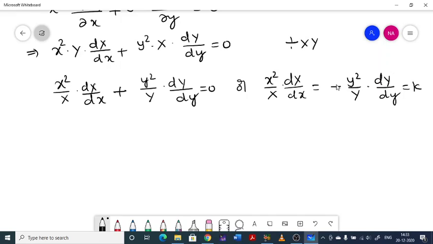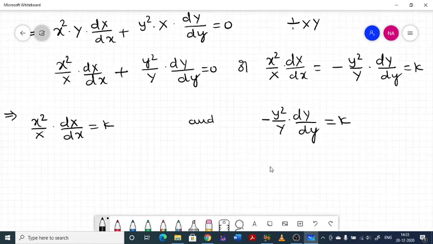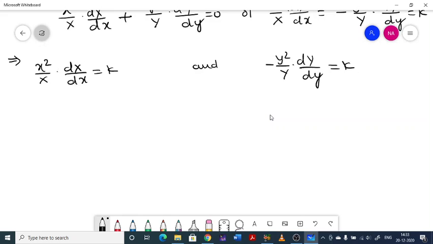You can call their common value as k. So equating that with k, you get two terms: x square divided by X into dX by dx equal to k, and on the other side minus y square by Y into dY by dy equal to k. Now you have to solve these two. Let's solve the first one.